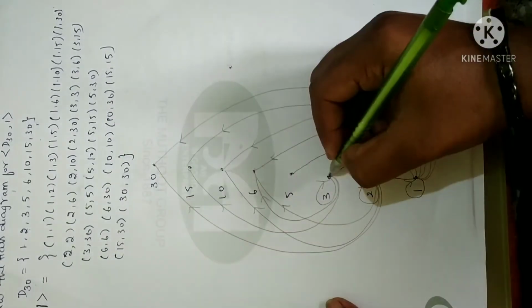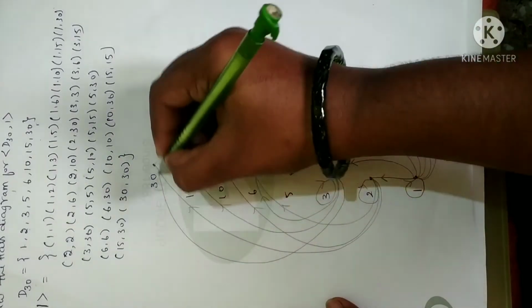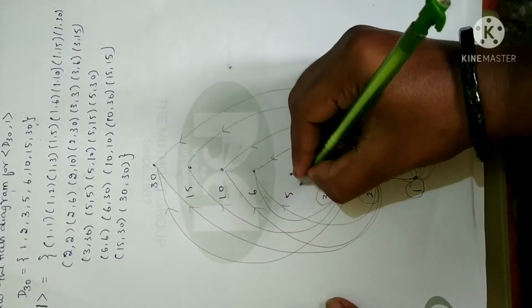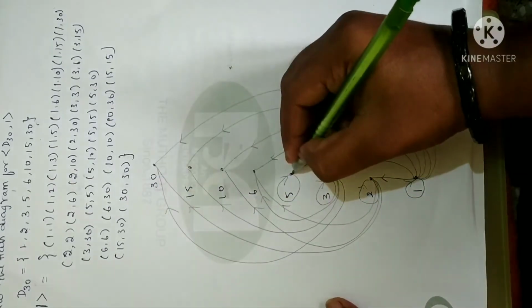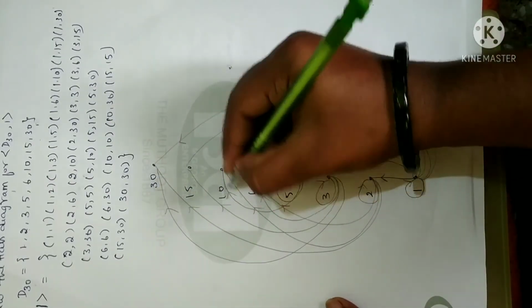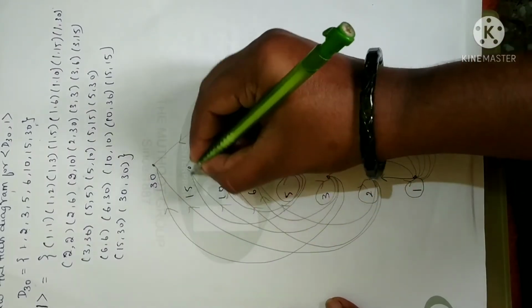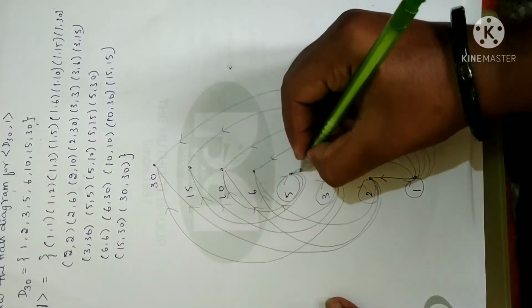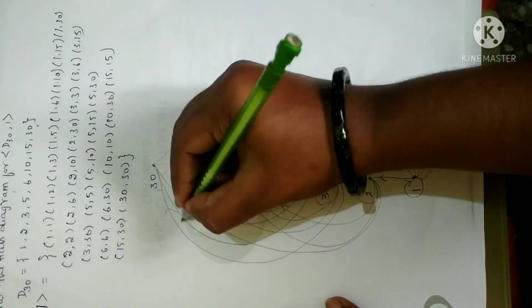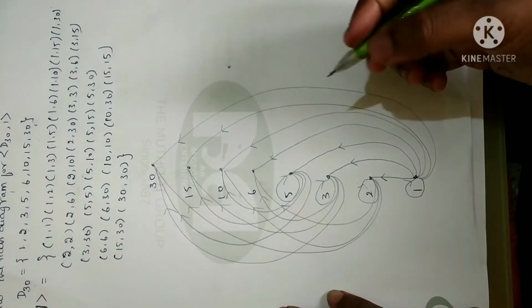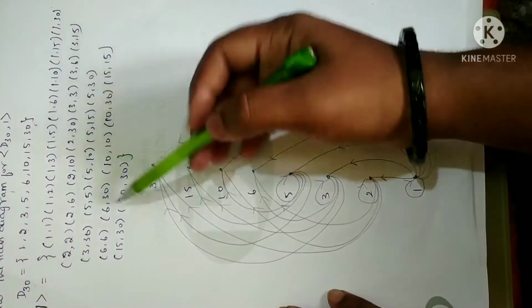Next 3 to 30. Next 5 to 5. Next 5 to 10. Next 5 to 15. Next 5 to 30. The diagram looks a bit complicated, but you have to do it carefully.